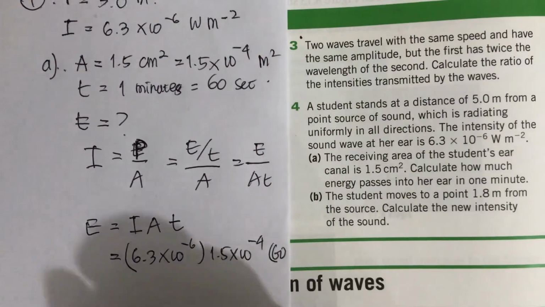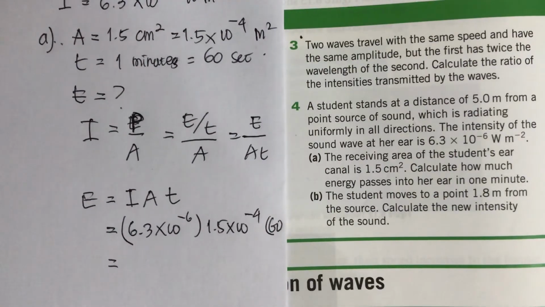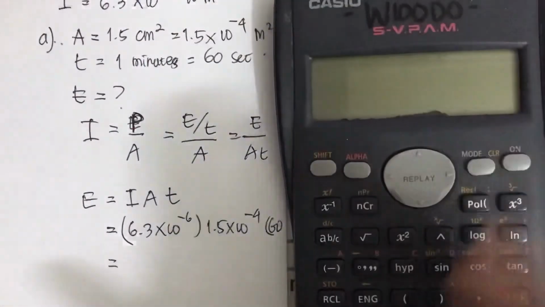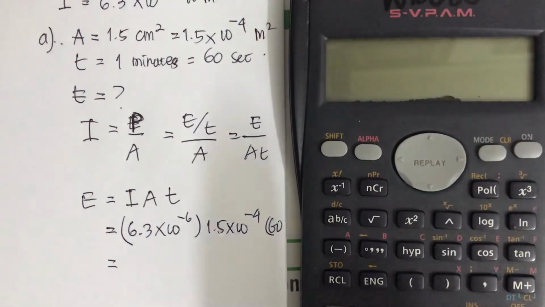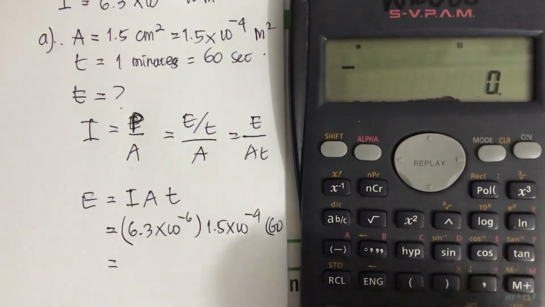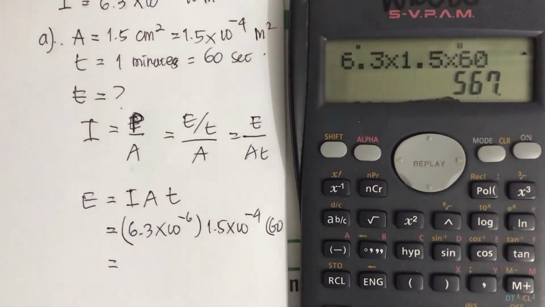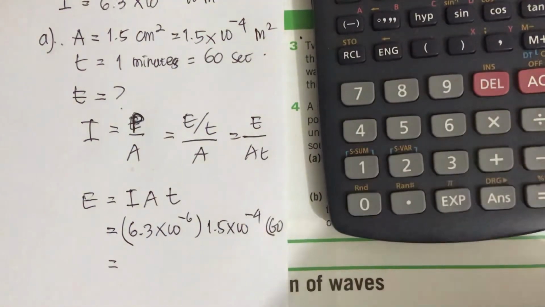This is hard to find, so we need a calculator. 6.3 times 1.5 times 60, without pushing the power, gives 567.